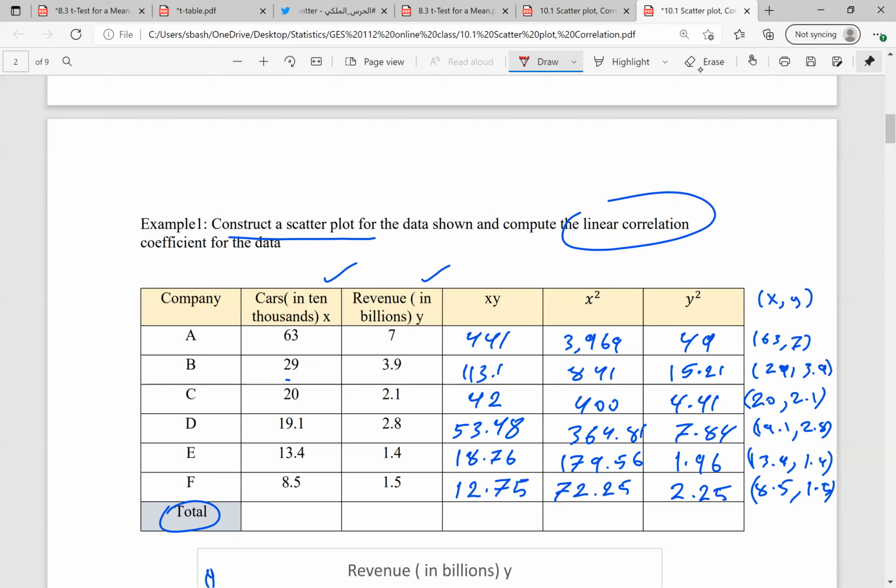That is 153. For x, it is 153. For y, 7 plus 3.9 plus 2.1 plus 2.8 plus 1.4 plus 1.5 equal to 18.7.